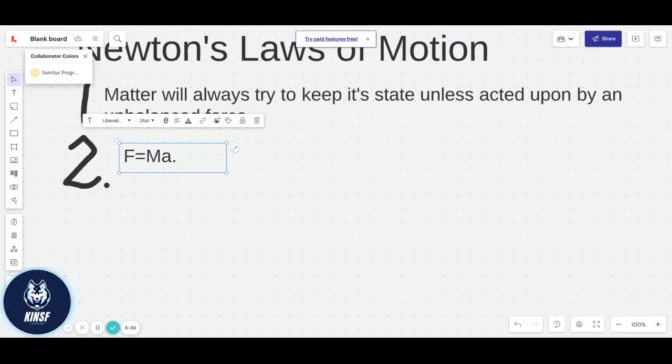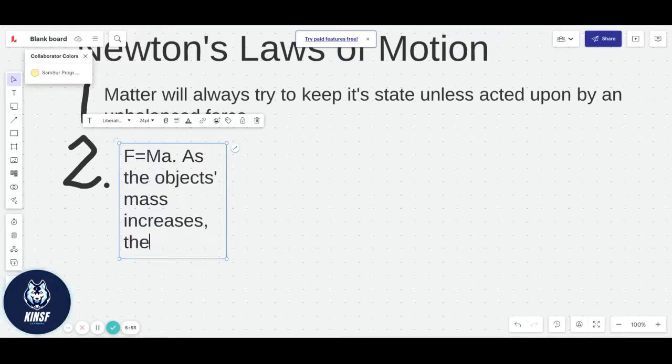So basically, as the object's mass increases, the force increases to push it a certain distance. Force is measured in newtons.